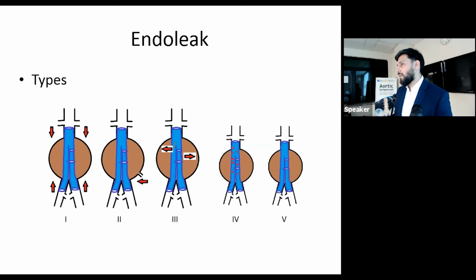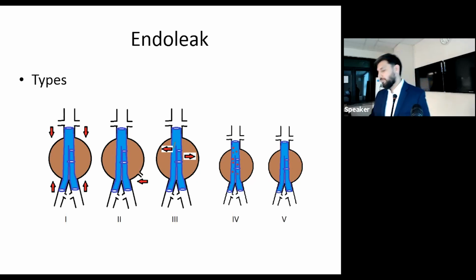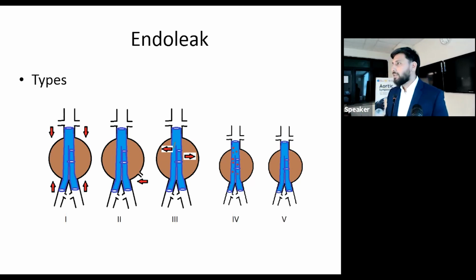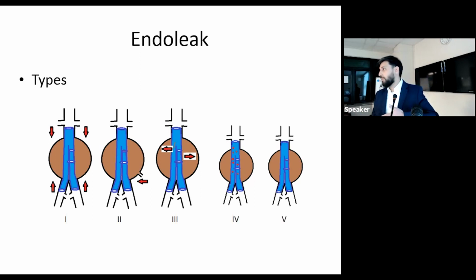There are two types of type 2 endoleaks, type A and B. A is if there's just one vessel going in, and B is if there's more than one vessel going in and out. And then type 3 is if there's a problem with the graft, if there's a rent in the graft, or a problem with your junctions, your seal zones.